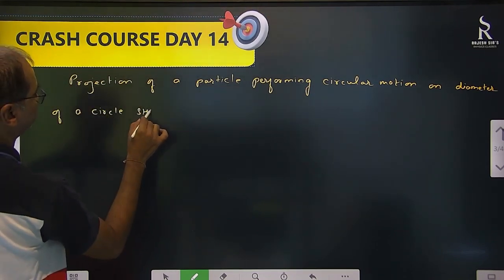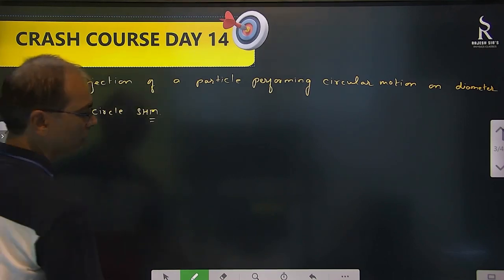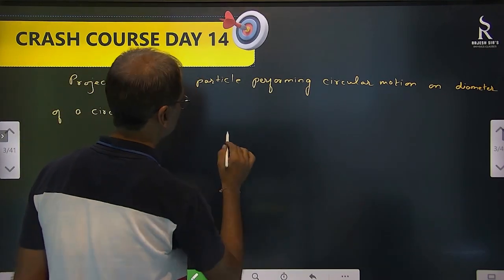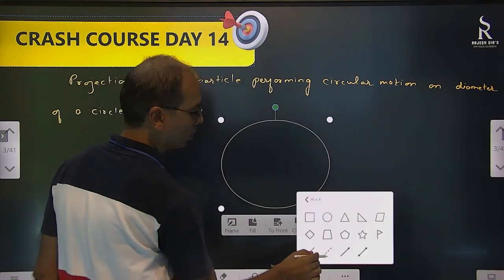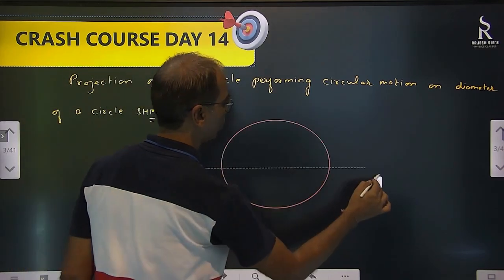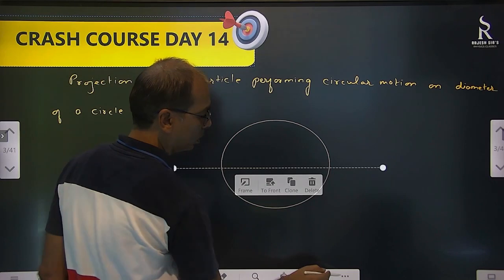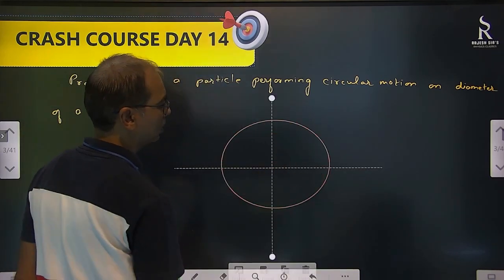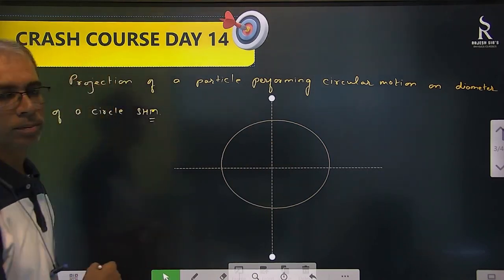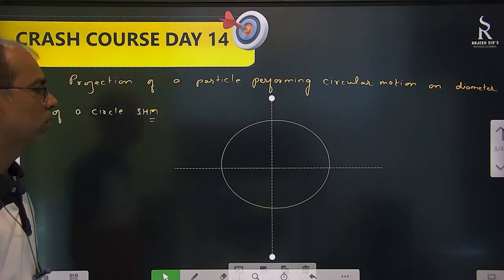What is the meaning? Its meaning is if there is a circle and a particle is doing circular motion, and I make its projection on any of its diameters, y-axis or x-axis, anything. These two are diameters I have made, one along x-axis, one along y-axis.